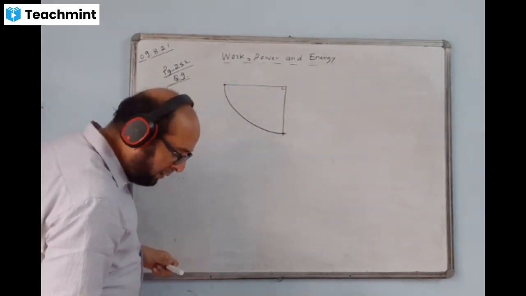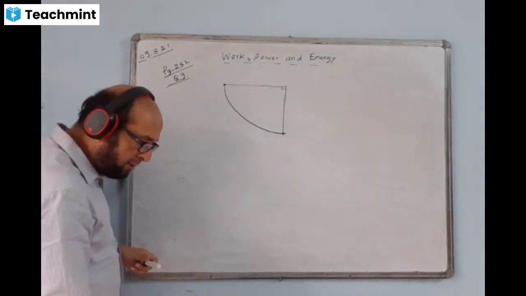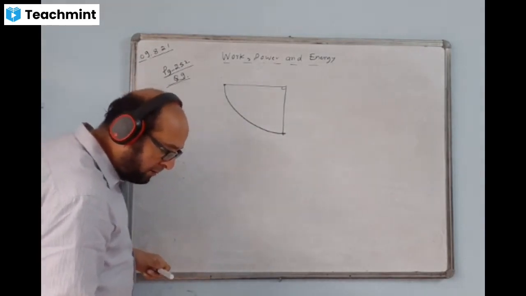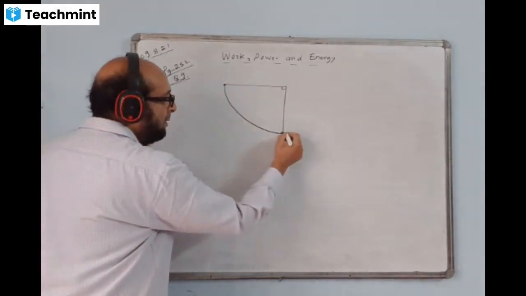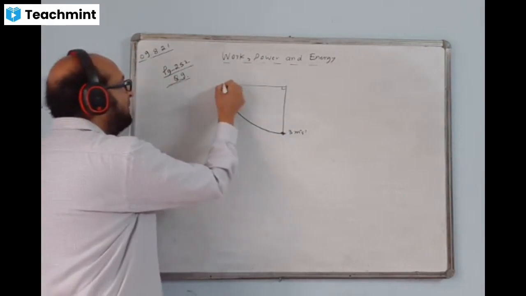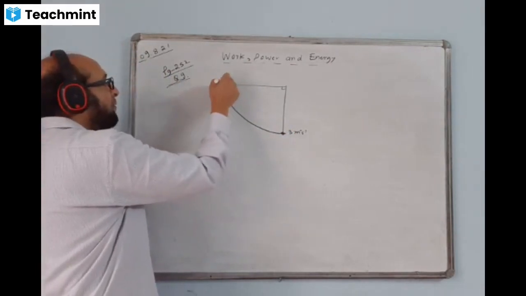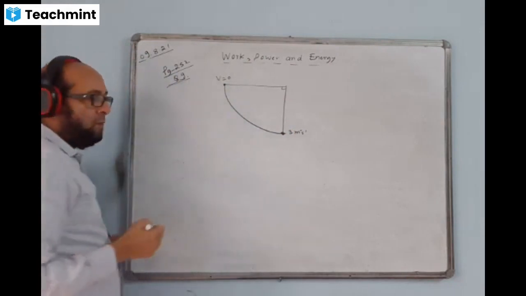Sliding down vertically down a curved track which is in the shape of a quadrant of this radius. At the bottom of the track the speed is given 3 meters per second, and out here the speed definitely is 0, starting from this point only.